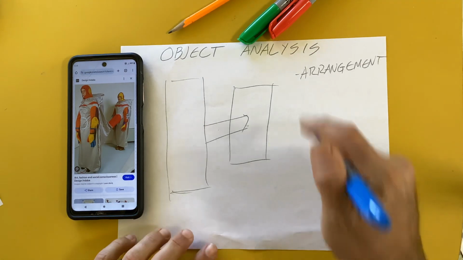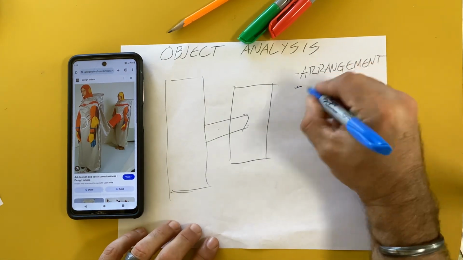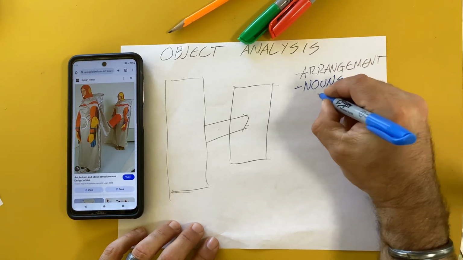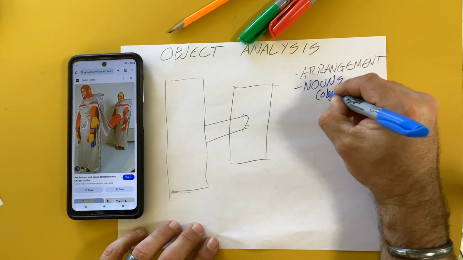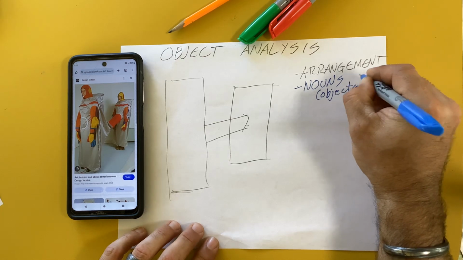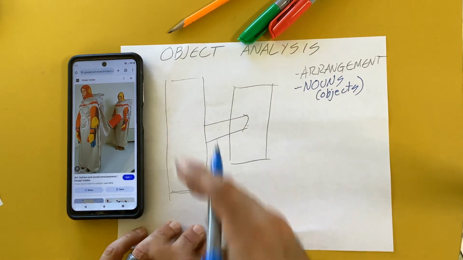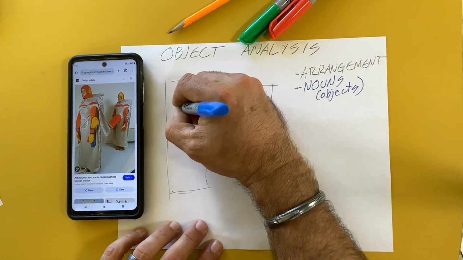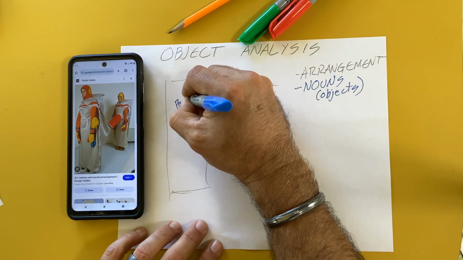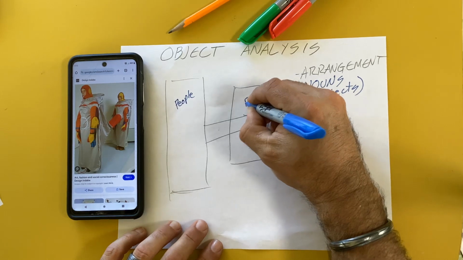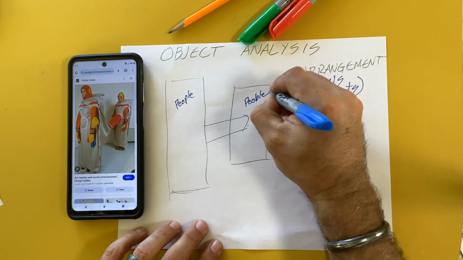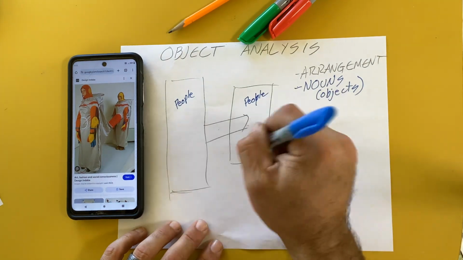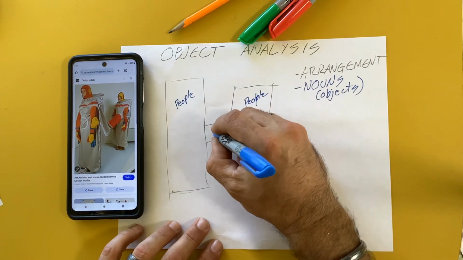The next thing you're going to do is start listing the things, the nouns or objects that you observe, and you have to place them where they belong in the diagram. So there are people. There's some kind of a tube.